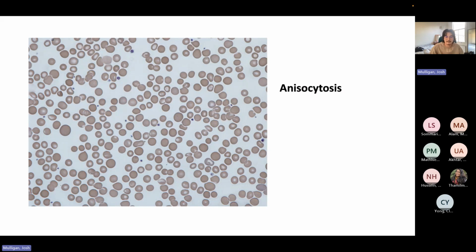As you said, some of them are too big, which falls in line with something like B12 or folate deficiency. And some of them will be too small, so more microcytic. So it could be a mixed anemia where they're deficient in both those vitamins, but anisocytosis just means variation in the size of red blood cells.